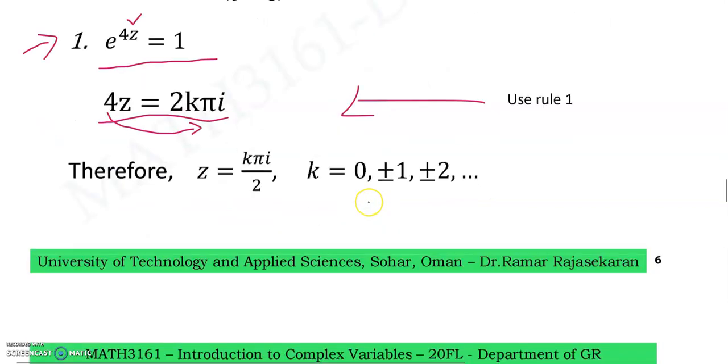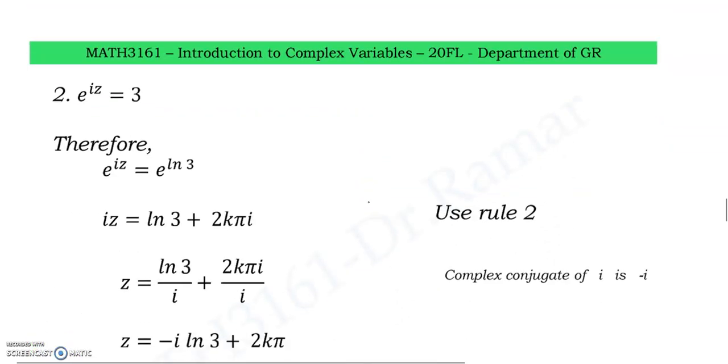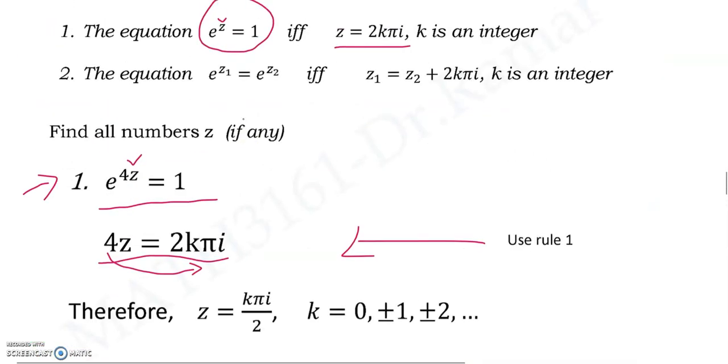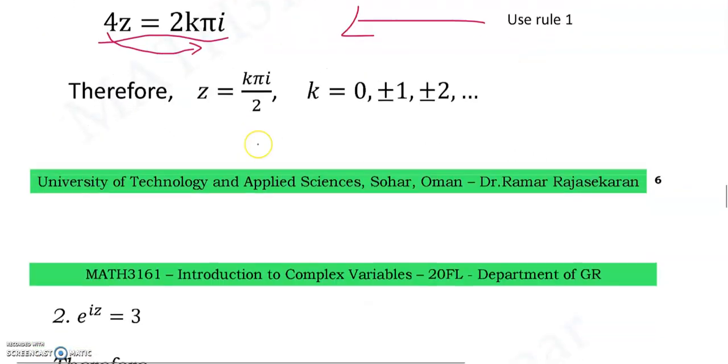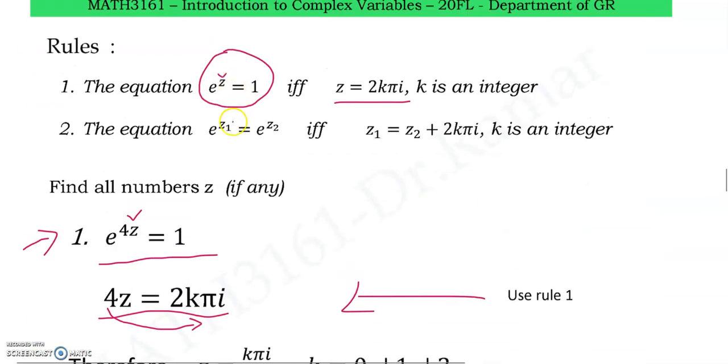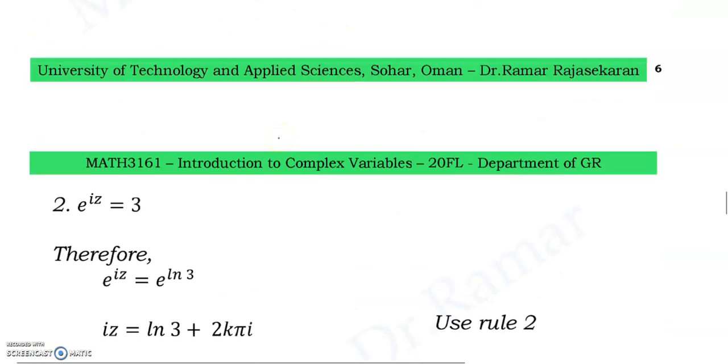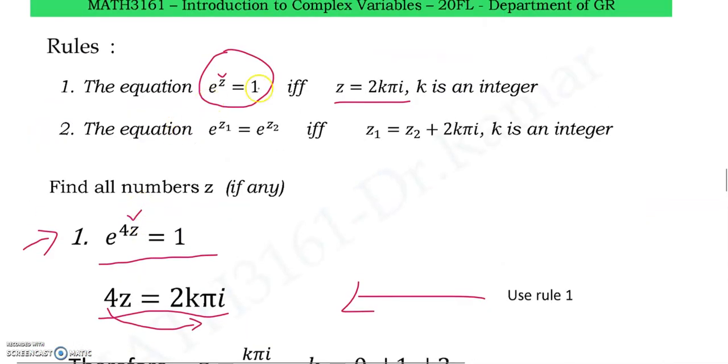Now you see here question number 2: e to the power iz is equal to 3. Which rule am I going to use? I am going to use rule number 2. Why? Because if it were given e to the power iz is equal to 1, then I could use rule number 1.